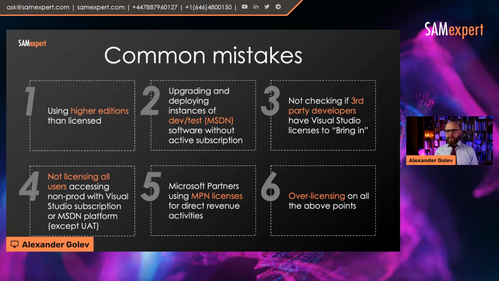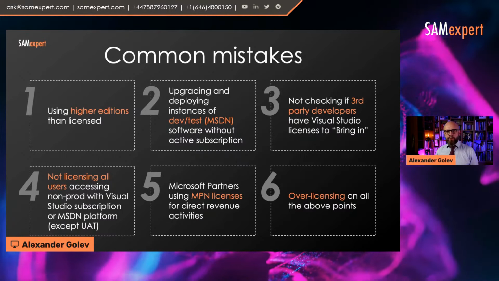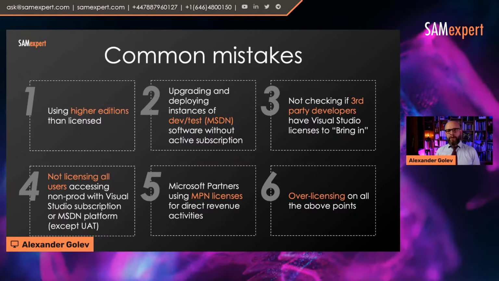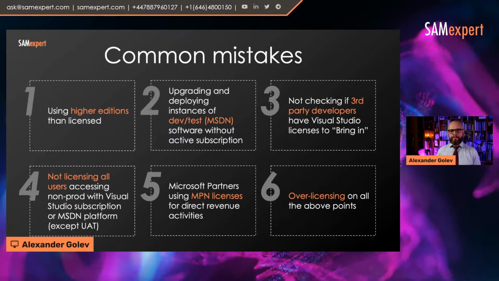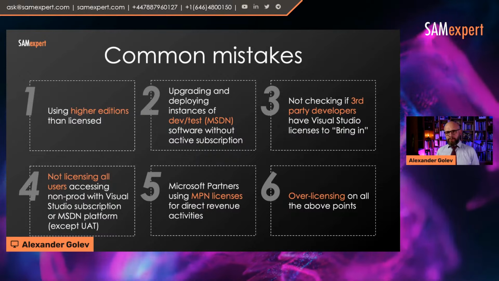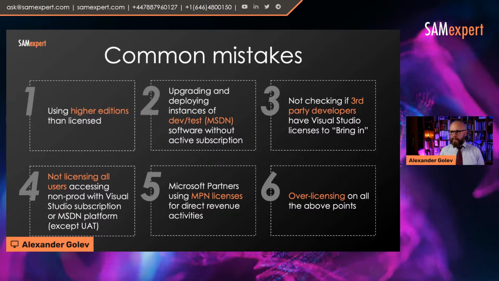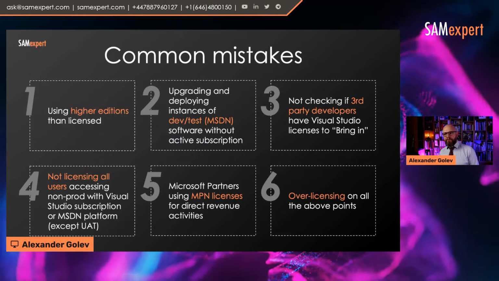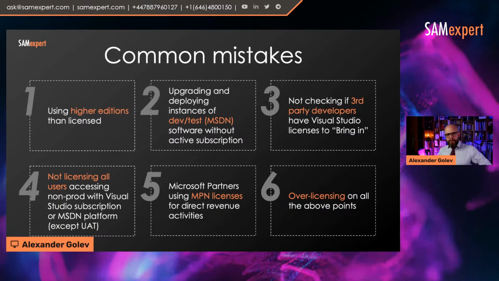The second common mistake is upgrading or deploying instances of Dev/Test MSDN software without an active subscription. As I said, you may continue using them, but you have to freeze the versions of that software that you deployed during your active subscription. You may not update it or upgrade it. The third one is not checking that third-party developers have Visual Studio licenses to bring in. So it works both ways.